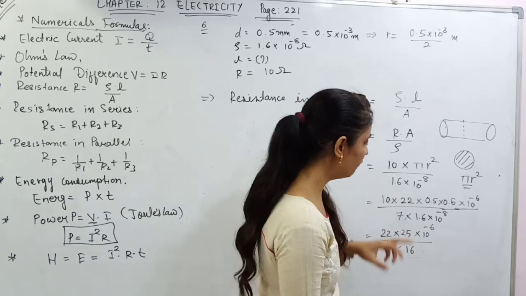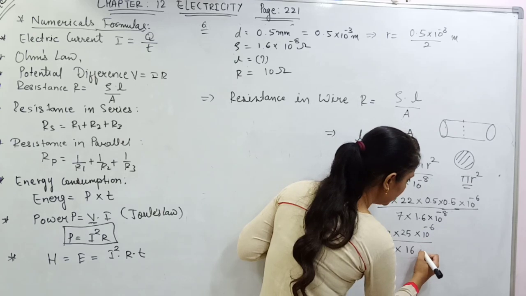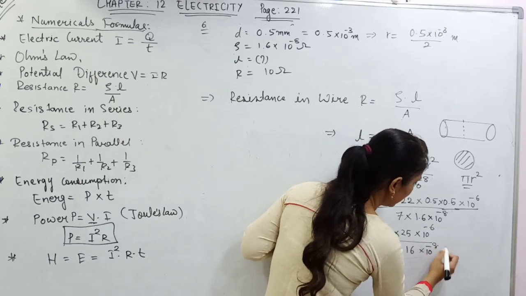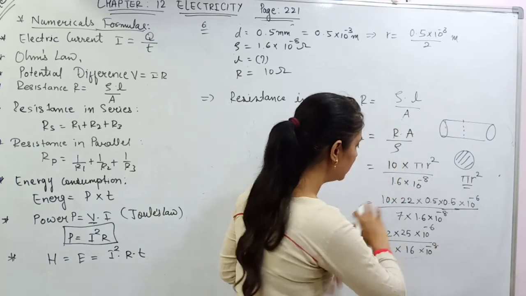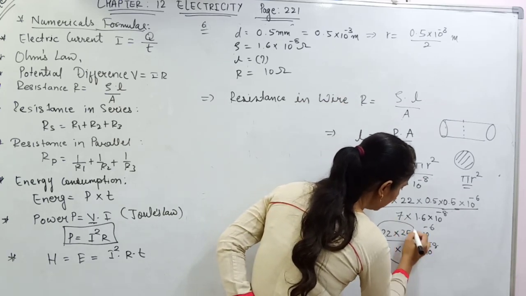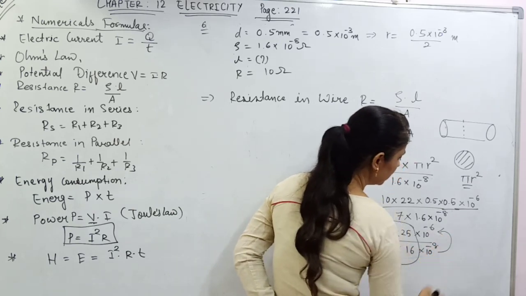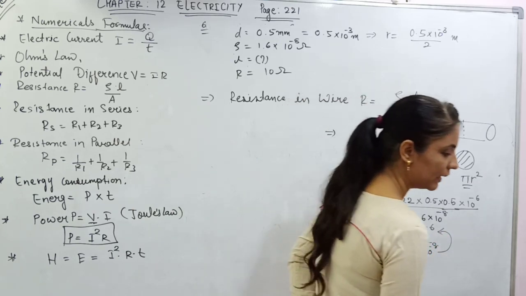So 100 will be cancelled. So finally over here only 10 raised to minus 8 is remaining. So I can take the value up. So if I just do the multiplication and division of this part, and take this part in the numerator, finally my answer will be.